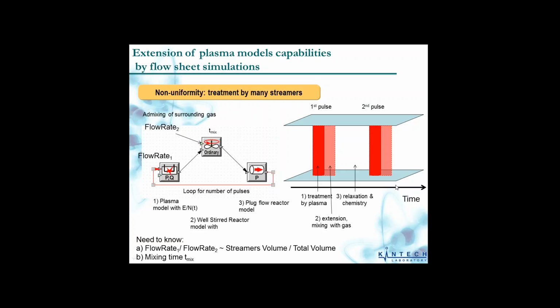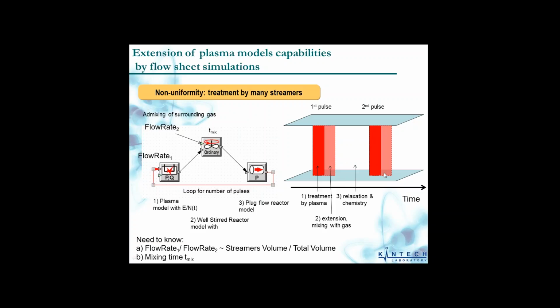This is the axis, this is the time. And after that, let's say, the post-discharge zone, when all electronically excited species have decayed, and we have normal chemistry. After that, we have a second pulse, second streamer, and again decay and the chemical zone, and so step by step we have a treatment of one specific volume of the gas.